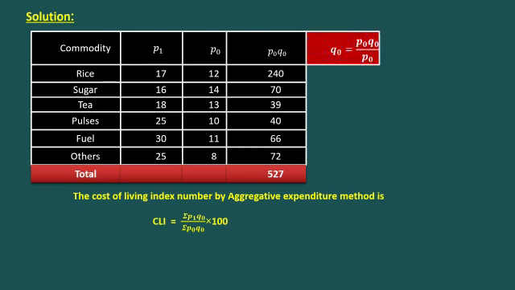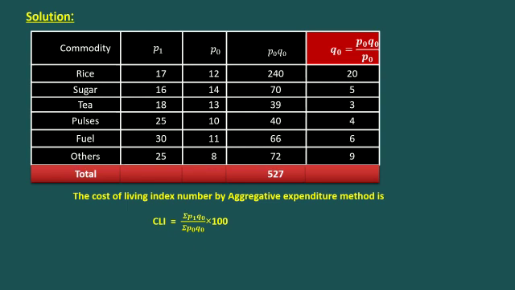That is Q0 is equal to P0 Q0 divided by P0. Hence, for the first commodity, rice, Q0 will be 240 divided by 12, and we get the answer as 20. Similarly, we compute base year quantity for each of the remaining commodities.